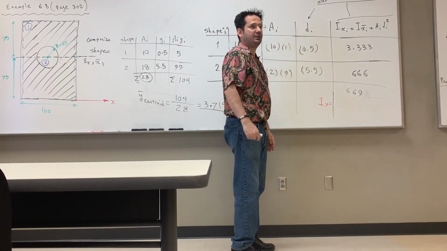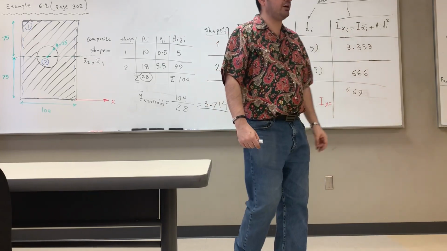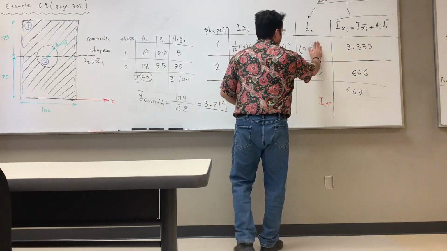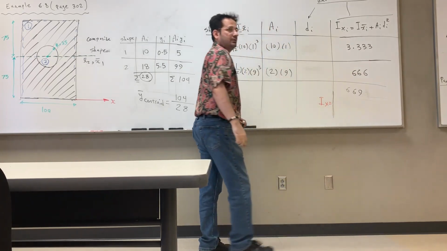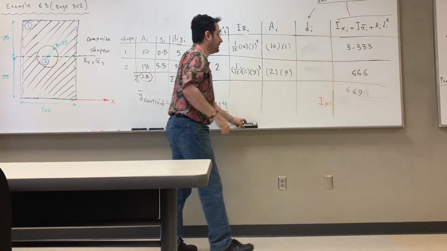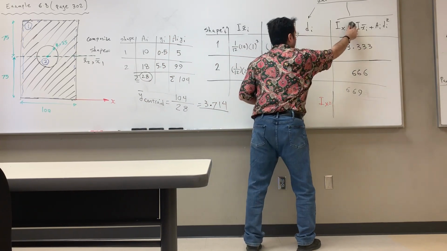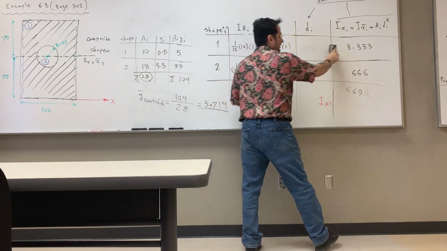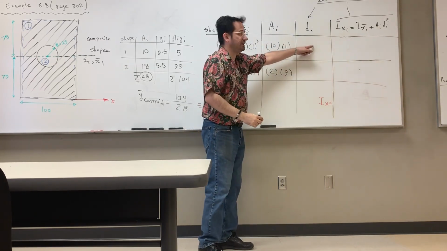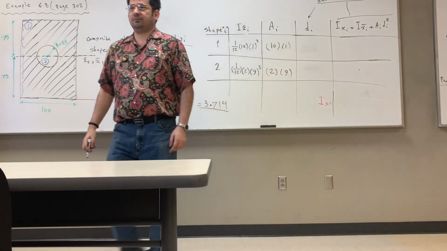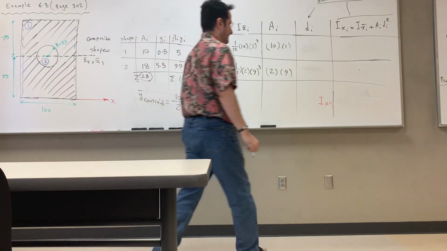So now you tell me for part B, IX bar, what should I put here and here? Well, if this changes, this depends on these 3 columns, right? So this will be updated automatically. So what should I put here? 5.5 minus 3.7. Thank you.